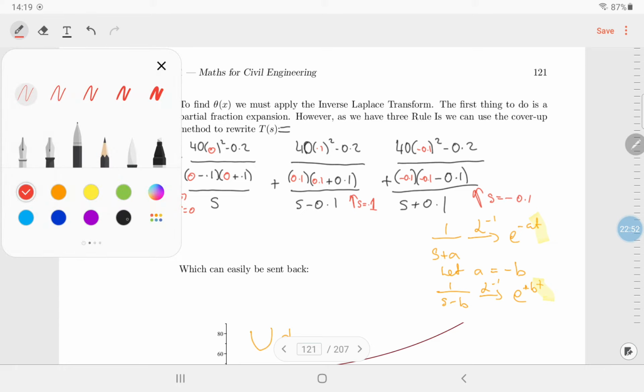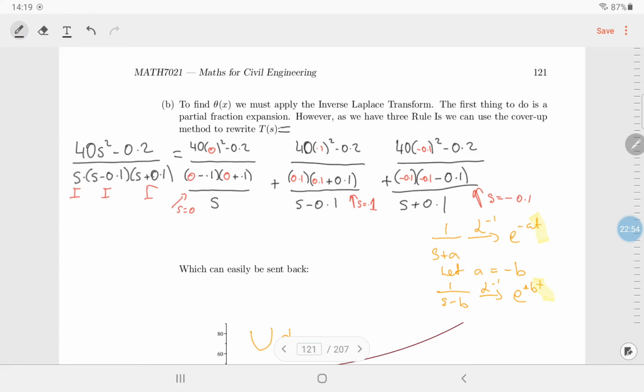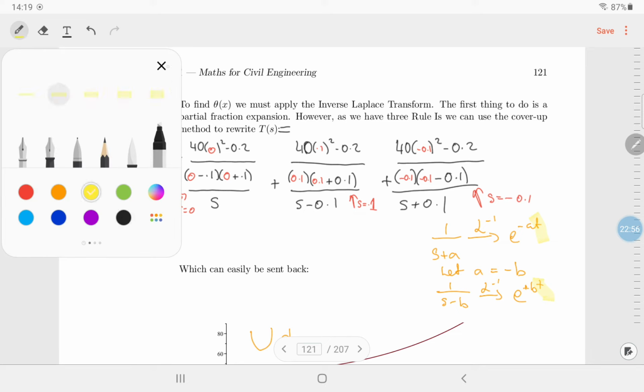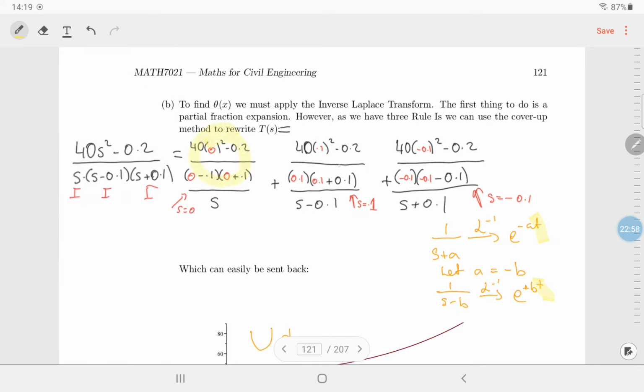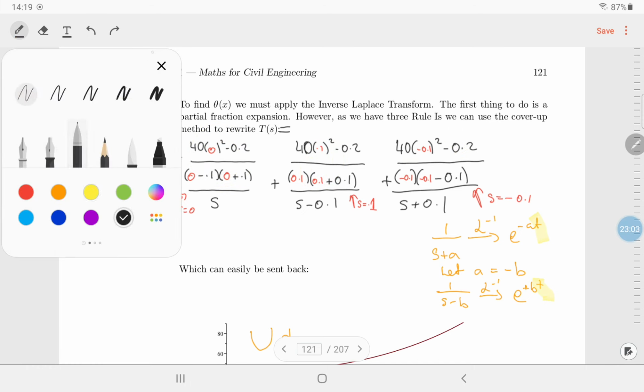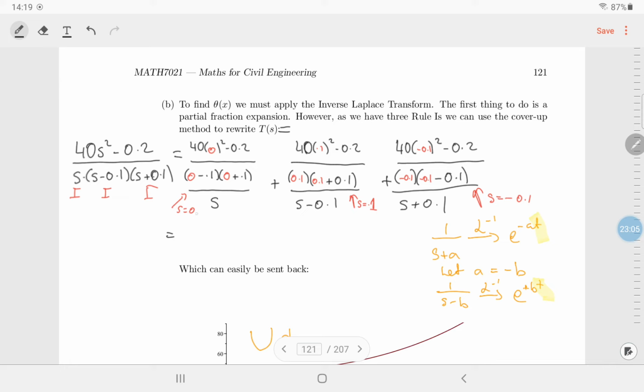Yeah, I remember. So if you bang that into the calculator, you will get 20 over s plus 10 over s minus 0.1 plus 10 over s plus 0.1.